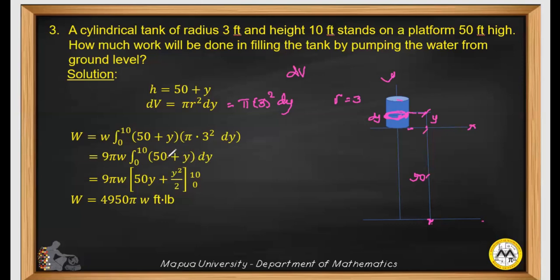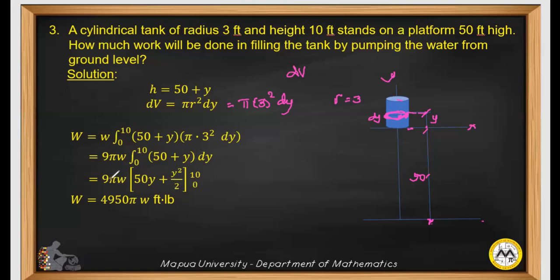Of course, the integral of 50 dy is 50y, and the integral of y dy is y squared over 2. And evaluating this from 0 to 10, and multiplying it by 9 pi w, when y is equal to the upper limit 10, that will give us 500 plus, sorry, 10 squared is 100 over 2, which is 50. And when y is equal to 0, everything is 0.